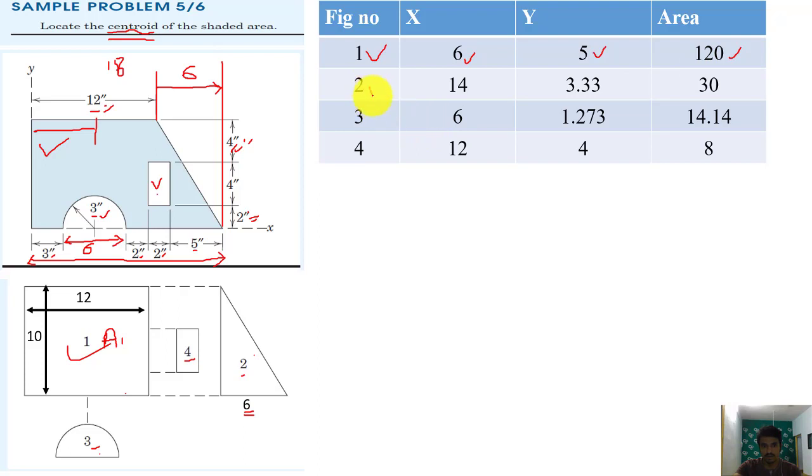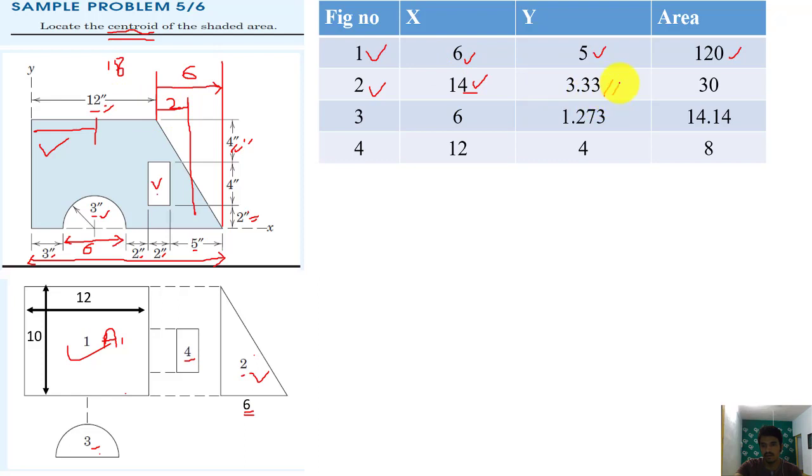Then for figure 2, this is a triangle, so for that x is 14. Now how does that come? For this triangle, from here the centroid will be 6 divided by 3, that will be 2, so 12 plus 2 is 14.